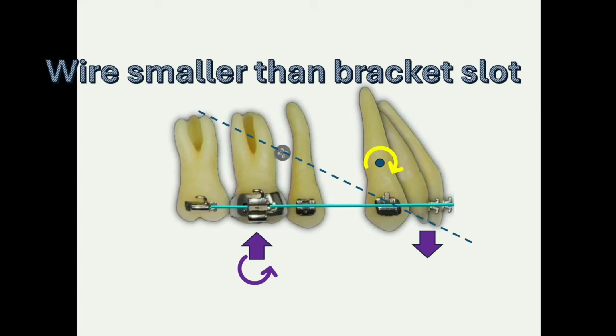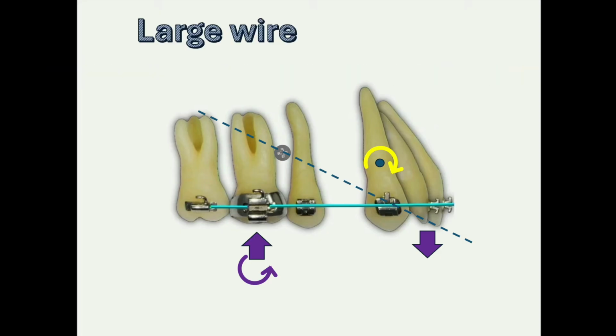To predict the movement of the canine, we need to identify the force system at the CR of the canine. With the force system at the CR of the canine, it will move distally and also rotate clockwise.